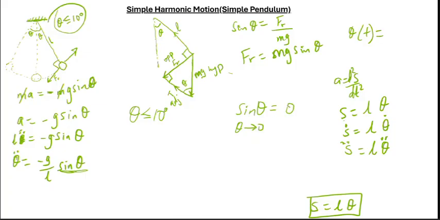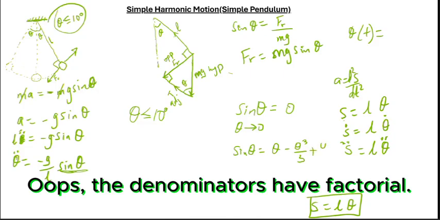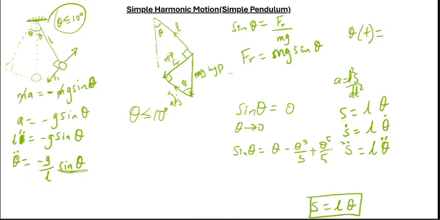You can see that in the Taylor series, where sine is approximated as theta minus theta cubed over 3 plus theta to the power 5 over 5 minus and so on. So as theta tends to 0, we can just say sine theta is approximately theta.